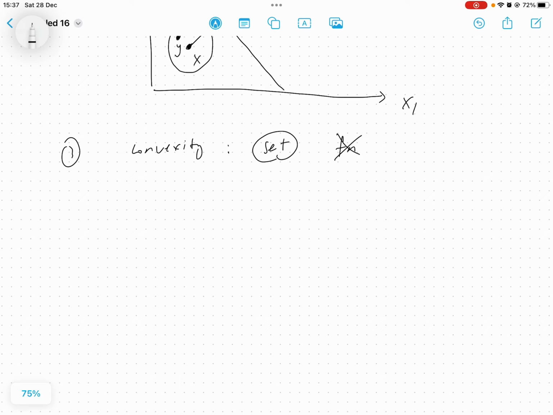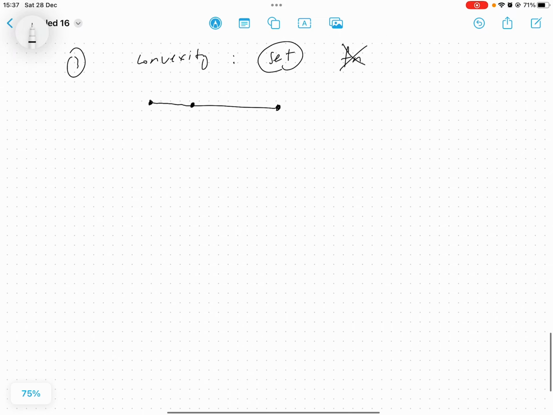So when we're saying that some set is convex, mathematically, if we have 2 points in the set, and we have the convex combination of those 2 points, this combination still has to be in the set itself. Good. So that's the convexity for the set.